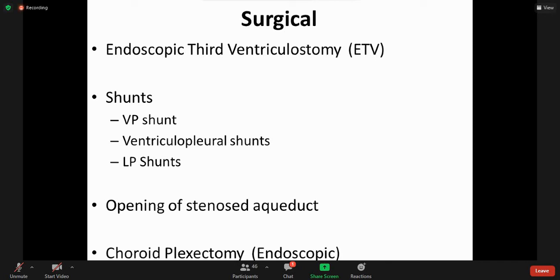And we can do choroid plexectomy, means we can remove some amount of choroid plexus so that the main source of CSF production can reduce. But again, these two lower methods, opening of the stenosed aqueduct and choroid plexectomy, are now very outdated, and no one is doing these procedures, but they are procedures, so I tell you.